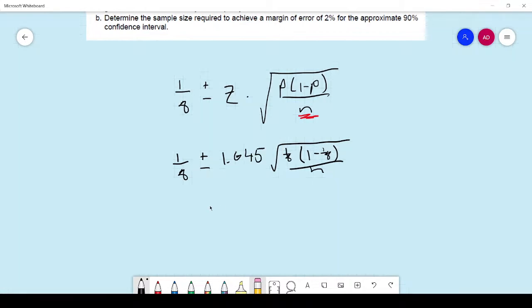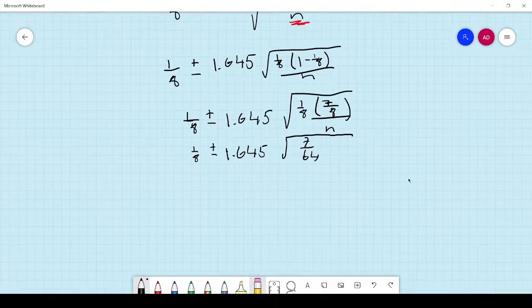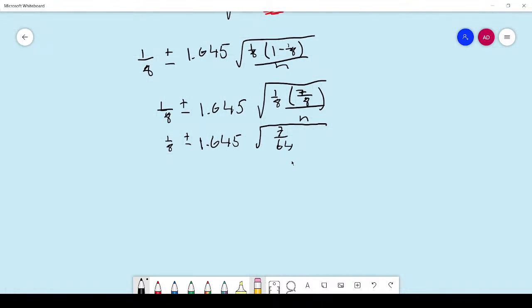So 1/8 times 7/8 over n. So just working to clean this up. 1/8 times 7/8 is 7/64. And then we can square this whole thing. 7/64 on n.